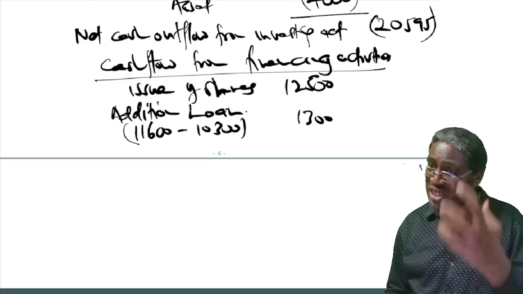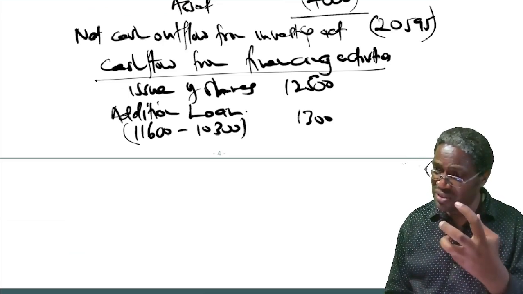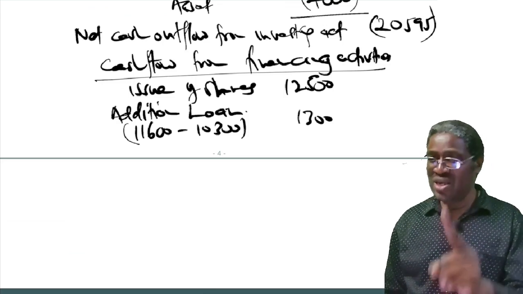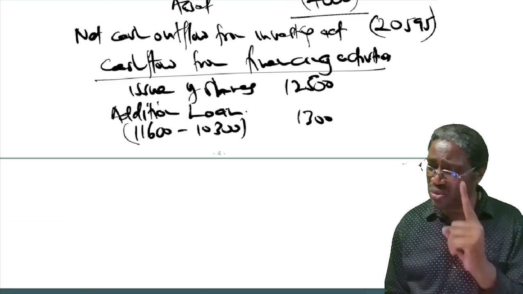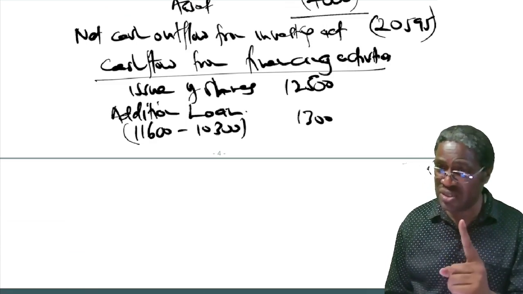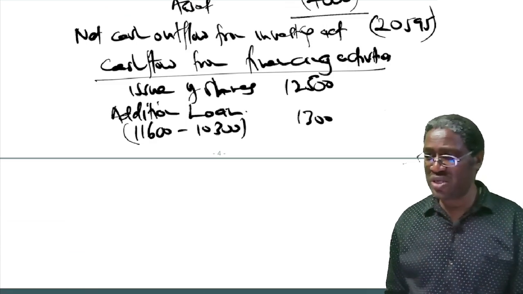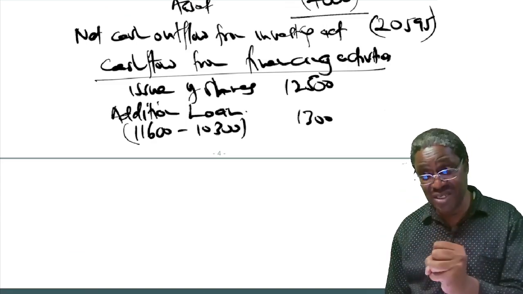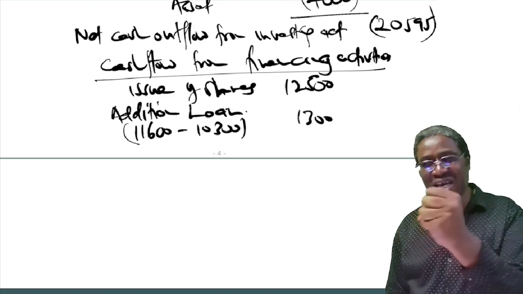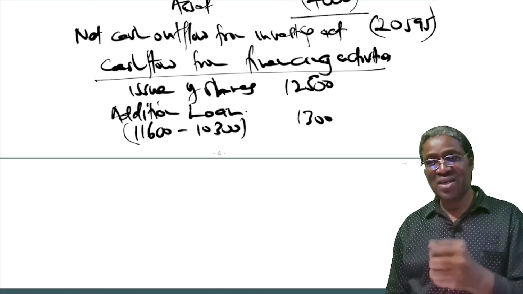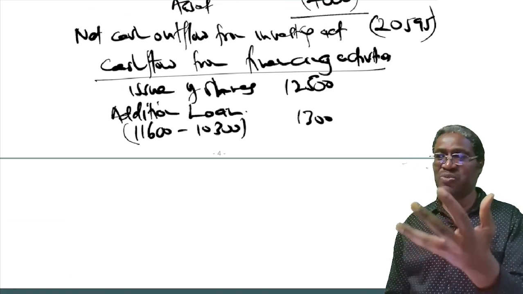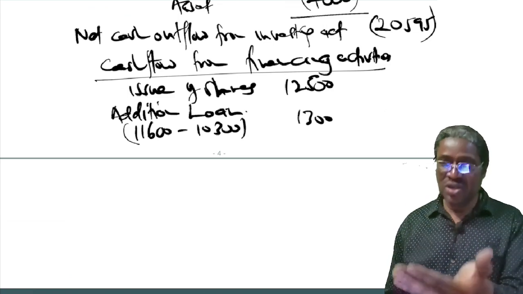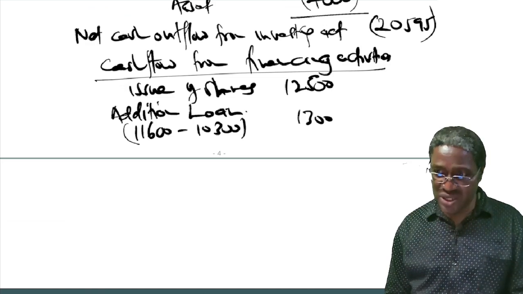Now, any return on investment that you pay to your financiers as a company, these guys provided you with finances, and they expect a return. The loan providers expect a return called interest. Debenture holders normally expect interest on debentures.